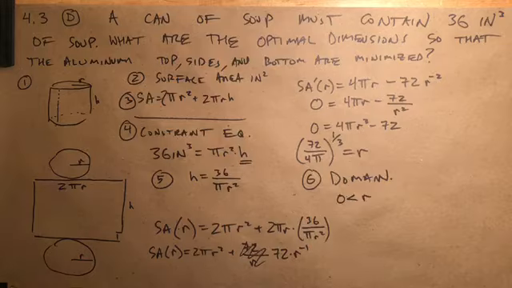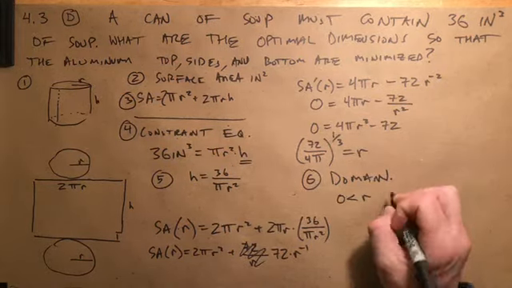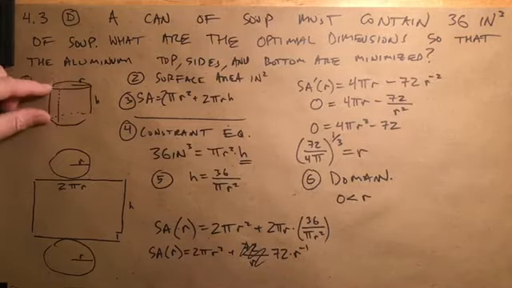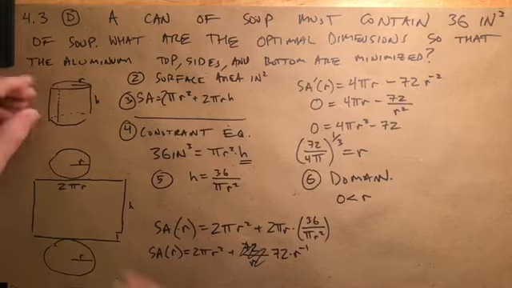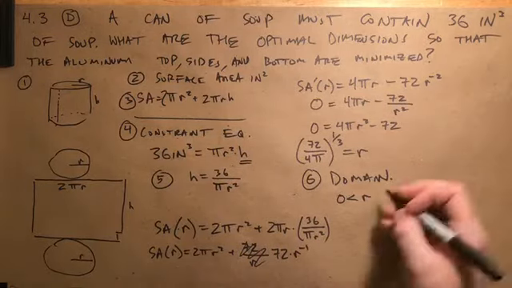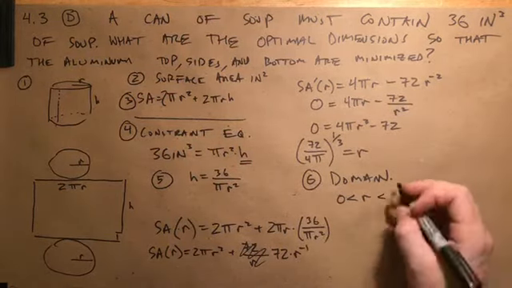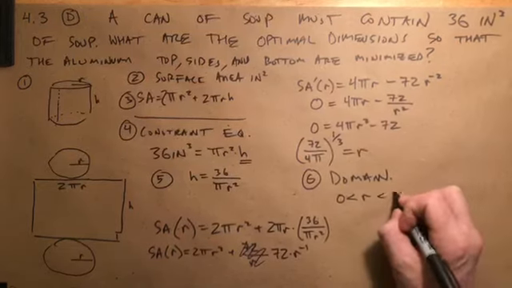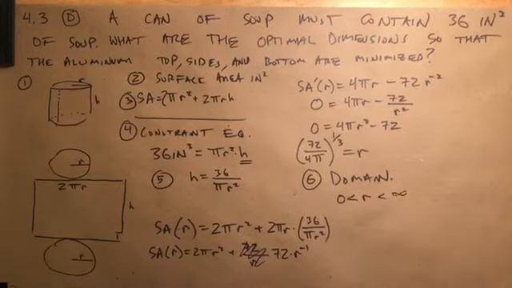And although I think it's a pretty janky way of thinking about things, as the height goes closer and closer to 0, the radius would have to get bigger and bigger so that we have 36 square inches. And so while I'm not really in love with it, I will write that it is less than infinity, but we should know that because everything is less than infinity.